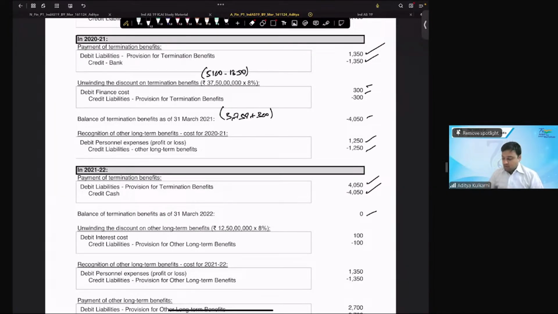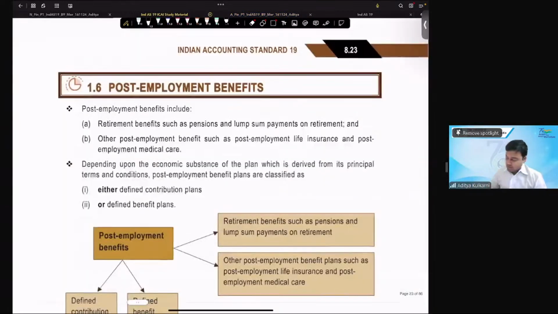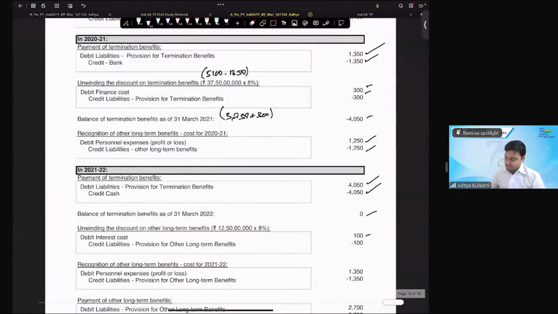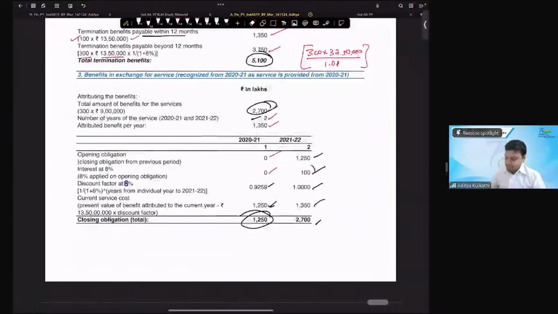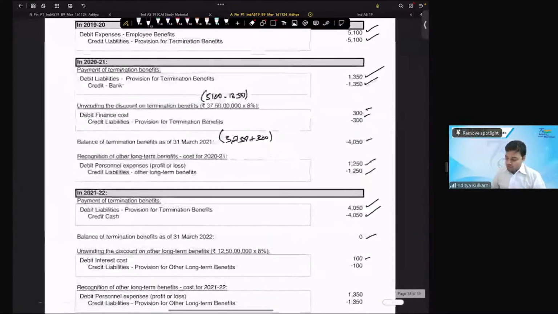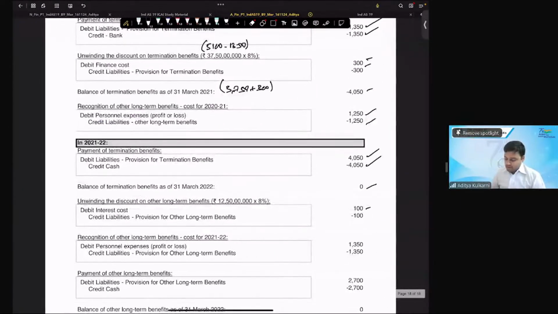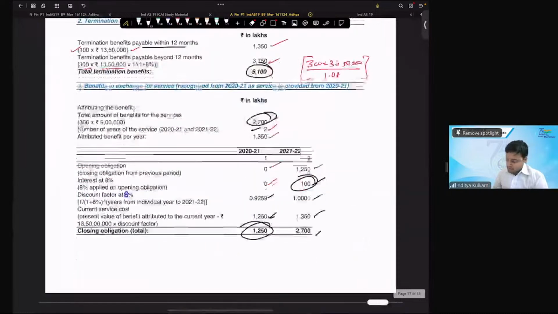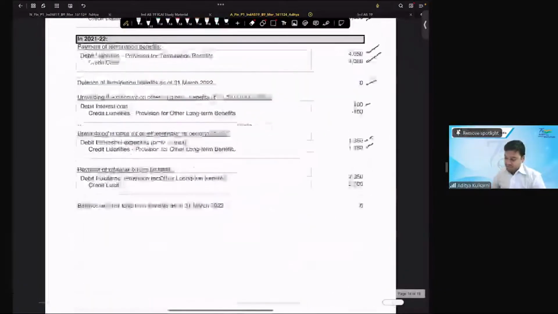And then the next year, I will pay the provision for termination benefits, 4,050. Closing balance of that will be 0. I will unwind the interest cost, this 100. This 100 I have unwound it. So interest to provision, recognition of expenses, 1,350. This is this expense, 1,350. Okay.